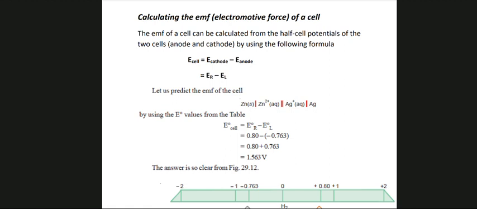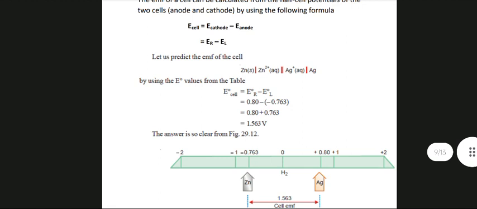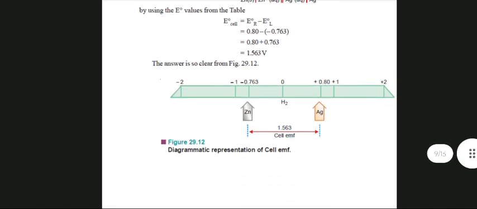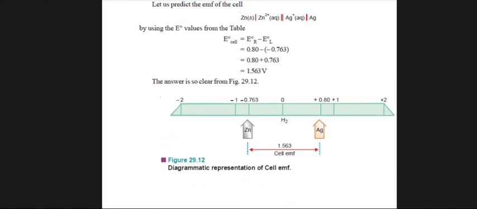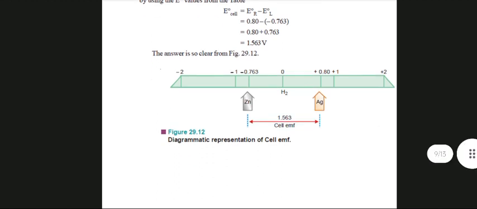By using the E naught values from the table, E naught cell is E naught right minus E naught left, 0.80 minus (minus 0.763). So it will give us 0.80 plus 0.763, which is 1.563 volt. The E naught cell is 1.563 volts.